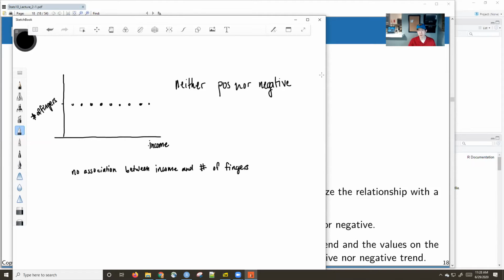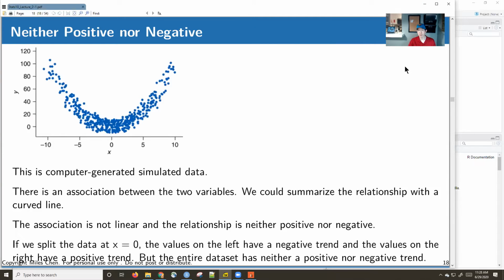So that would be another example of neither positive nor negative.